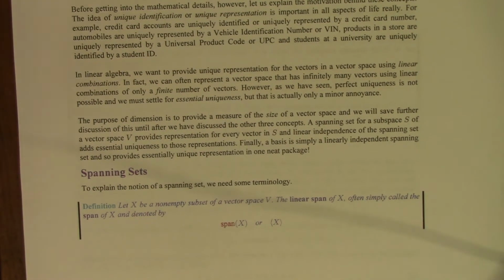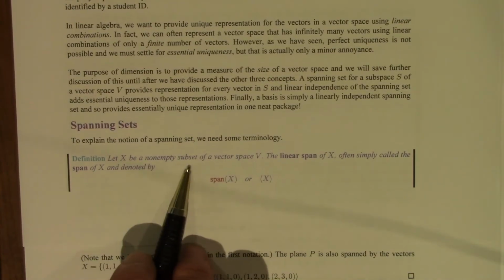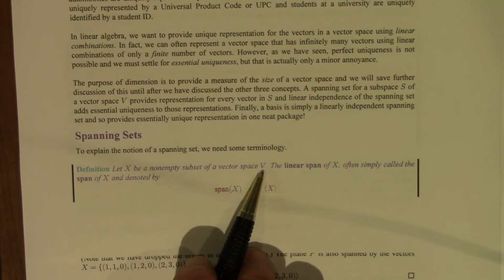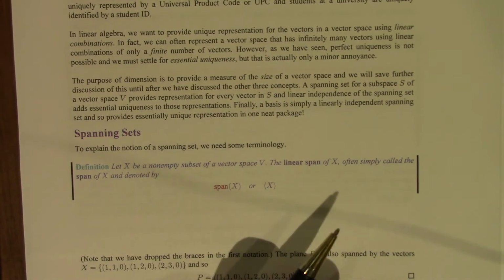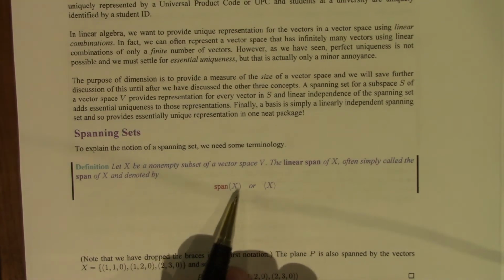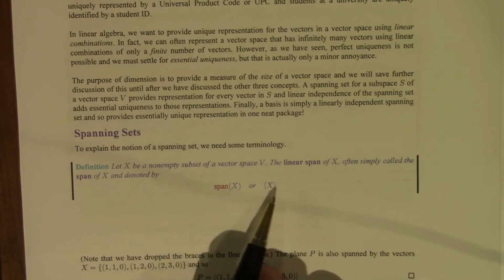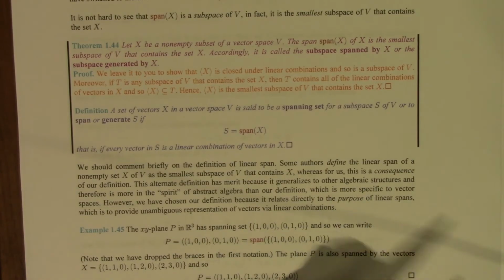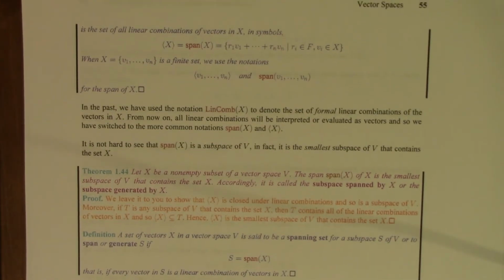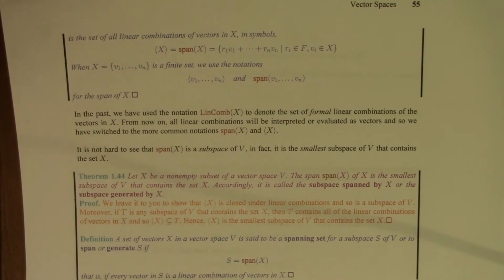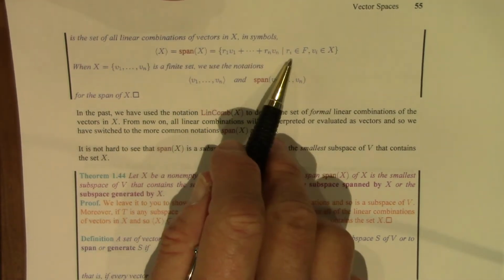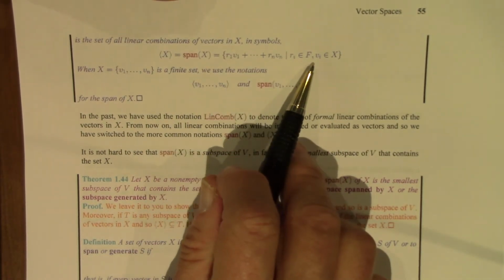To explain the notion of a spanning set, we need a little bit of terminology. Let X be a non-empty subset of a vector space V. The linear span of X, often just called the span of X, and we will denote it by SPAN of X, or just X in angle brackets, these are common notations, is simply the set of all linear combinations of the vectors in X. So here is the definition in symbols.